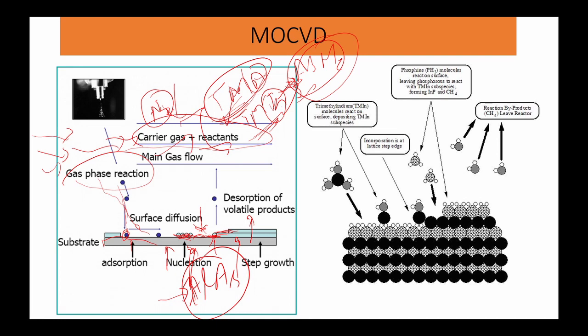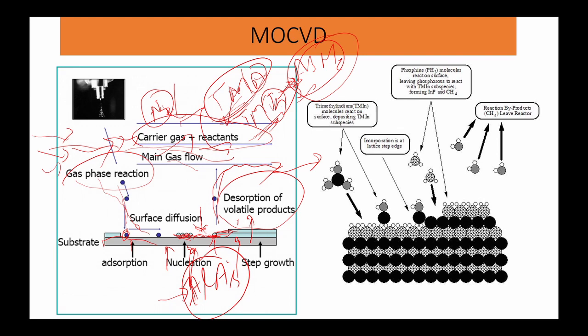These are the volatile products, and they will go out with the carrier gas. This is the main gas flowing, and they will go out. There is an inlet of the chamber and an outlet of the chamber, so they will go out of the chamber.